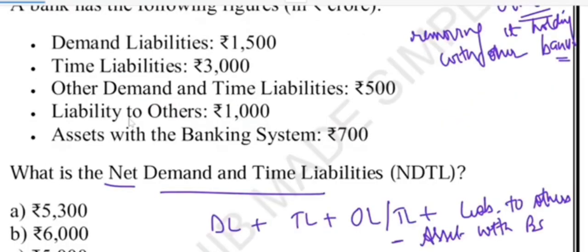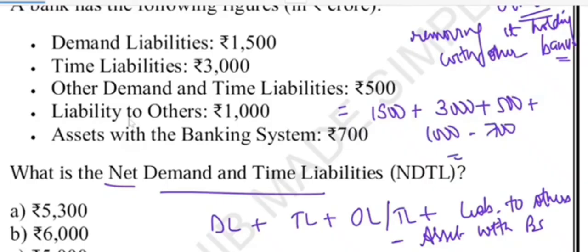We have 1500. What is time liability? 3000. What is other demand and time liability? 500. What is liability to other? 1000. And what is the asset with the banking system? 700. If you calculate it, this will give you 6000 minus 700, or we can call it 5300 crore. 5300 crore is the correct answer. Option number A is the correct answer.